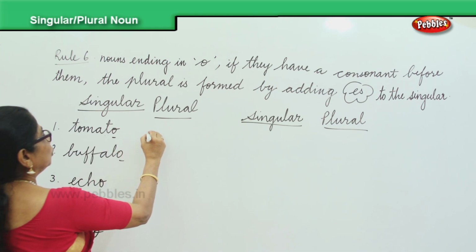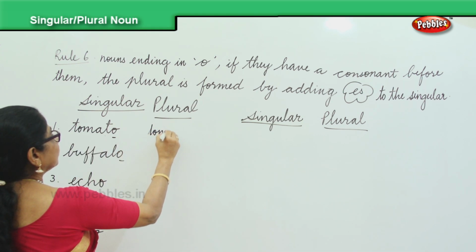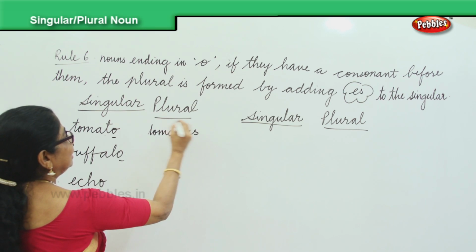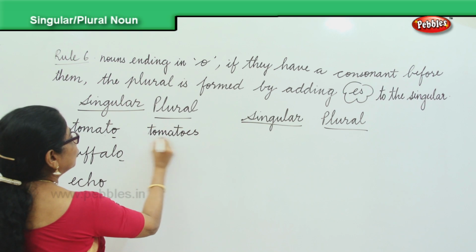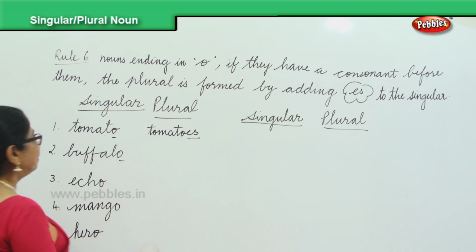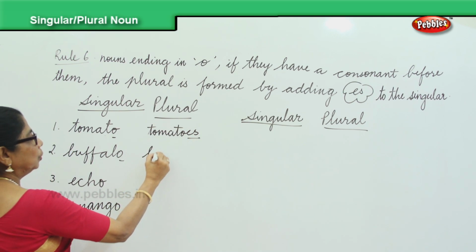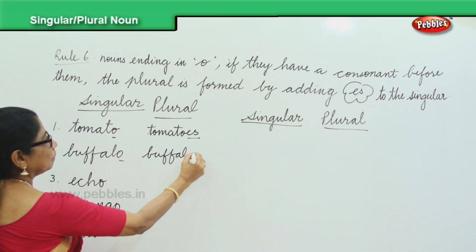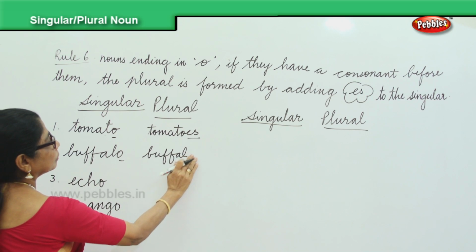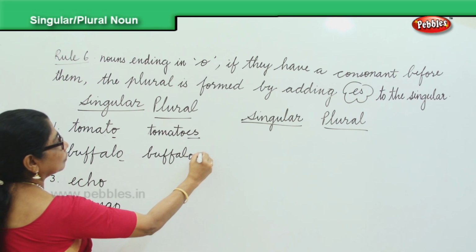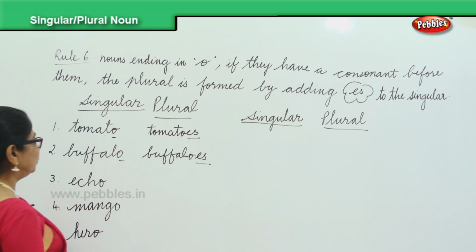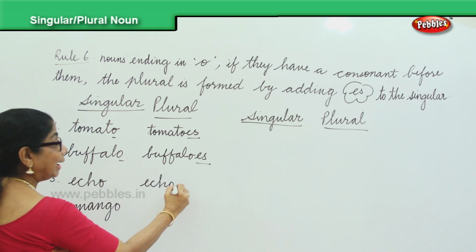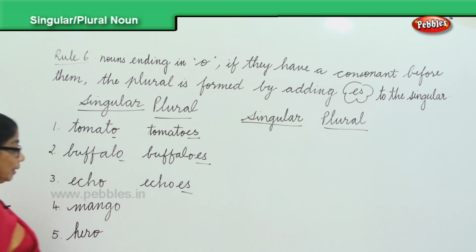Now, tomatoes. You simply add ES to form the plural. Buffalo, buffaloes. You add ES to form the plural. Echo, echoes.